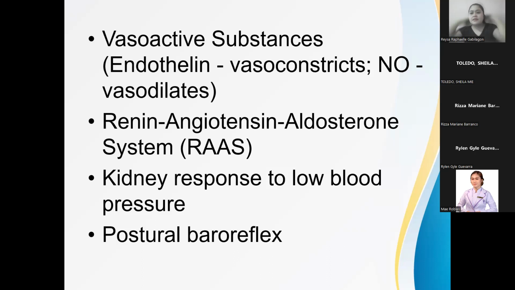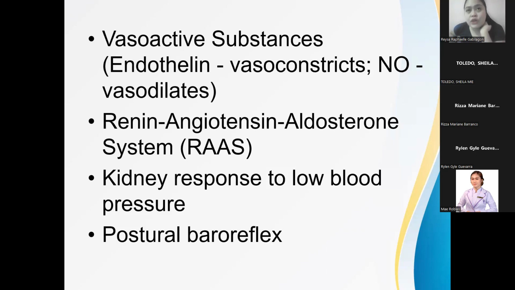Isa-isahin lang natin ha kasi masyadong marami yung mga antihypertensive agents natin. However, remember the meaning for ACE is angiotensin converting enzyme inhibitor. And ang meaning ng ARBs is angiotensin receptor blocker. So dyan yung kanilang mechanism of action.